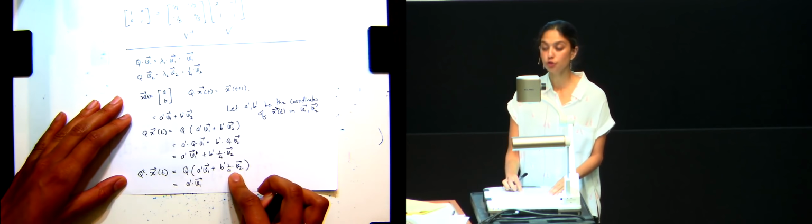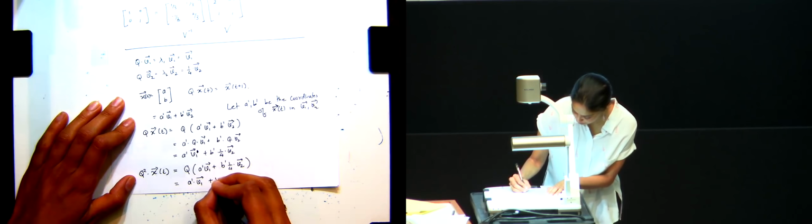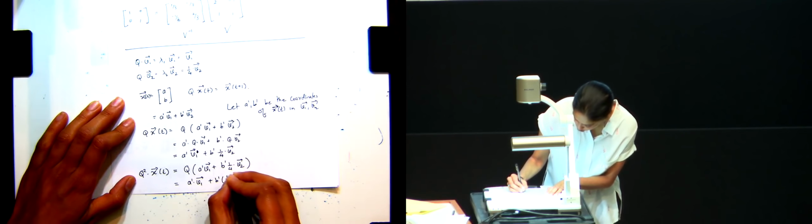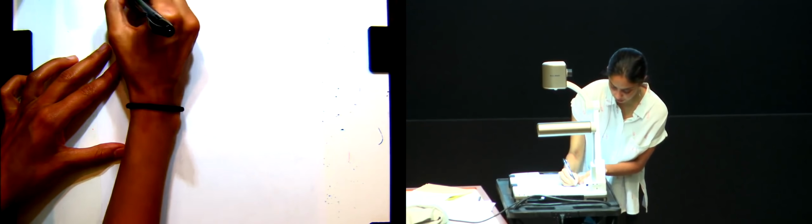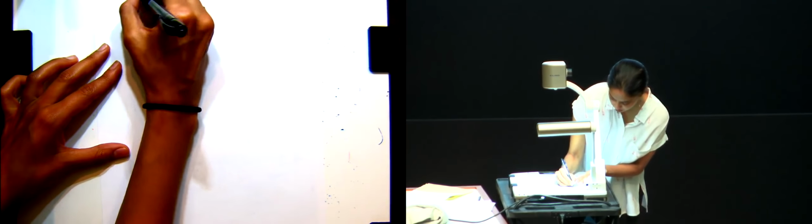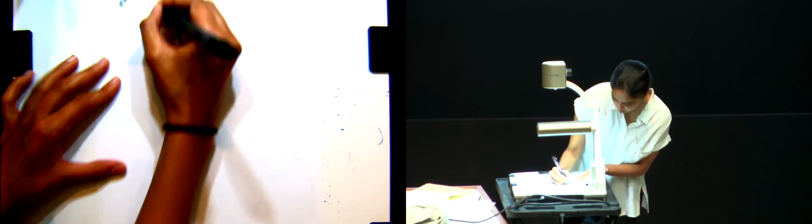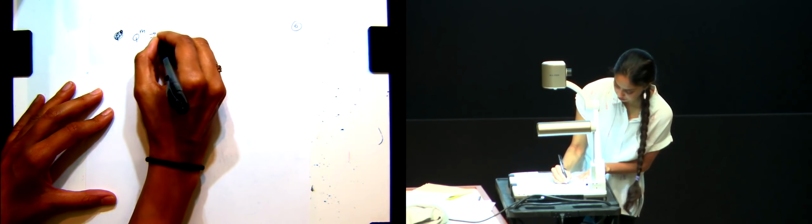When Q hits v2, what happens? I get a factor of 1/4, right? So I have plus b prime times 1/4 squared v2. Okay, so now what happens if I have Q to the m times x of t?